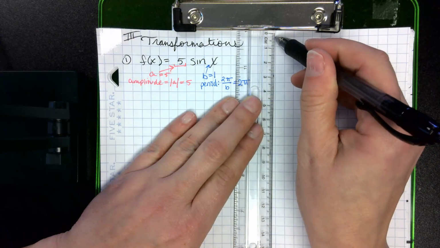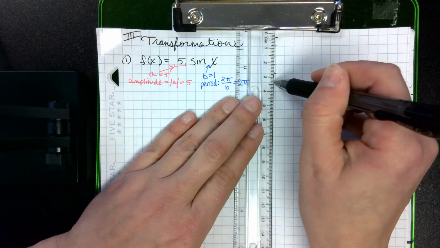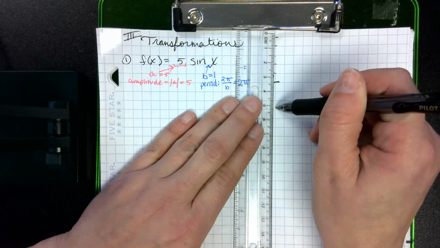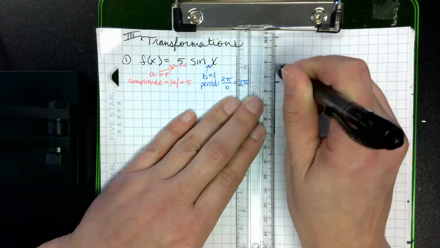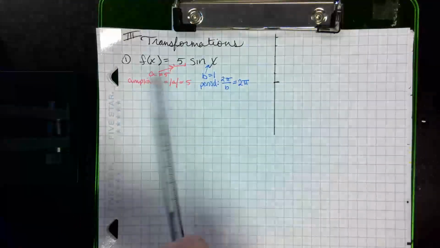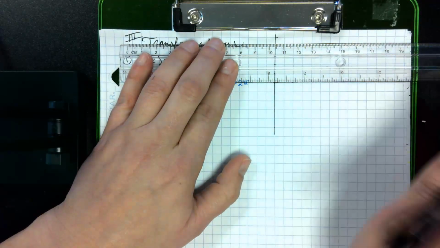I need 5, 4, 3, 2, 1. There's my x-axis. 1, 2, 3, 4, 5. And there's my y-axis.